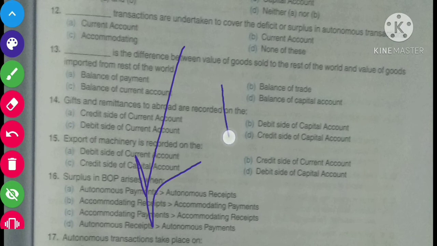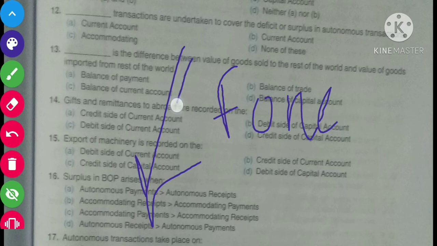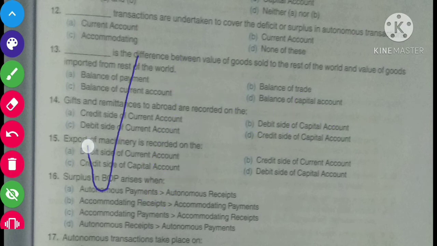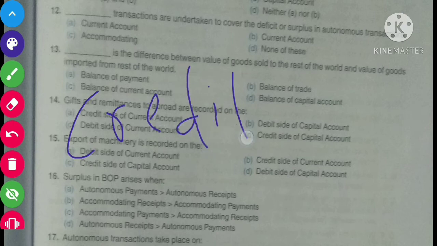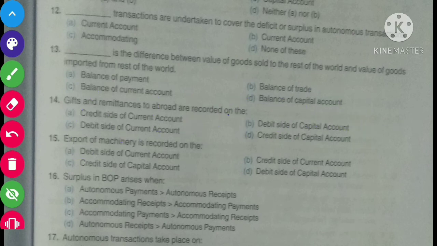Foreign currency or foreign exchange is same thing. When there is export to abroad, in exchange there is inflow of foreign exchange. So it is recorded on credit side.